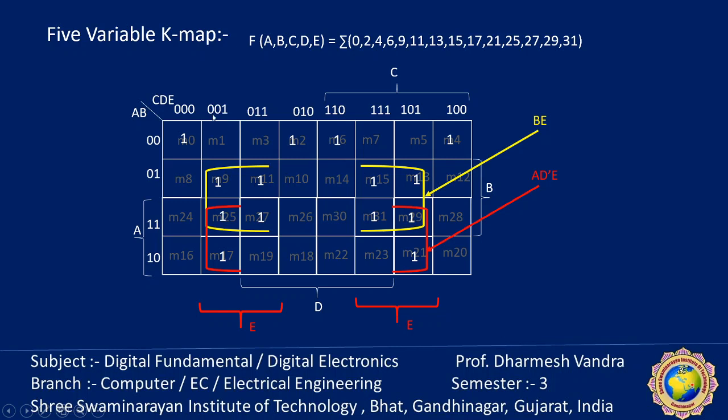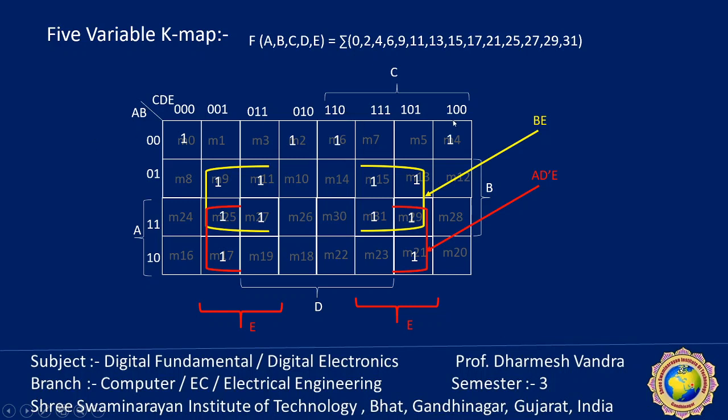Here 0, 0, so D is common, and the value of D is 0, here also 0. So it becomes D dash. So the literals are A, E, and D dash. So this minterm group represents a three variable term: A, D dash, E.